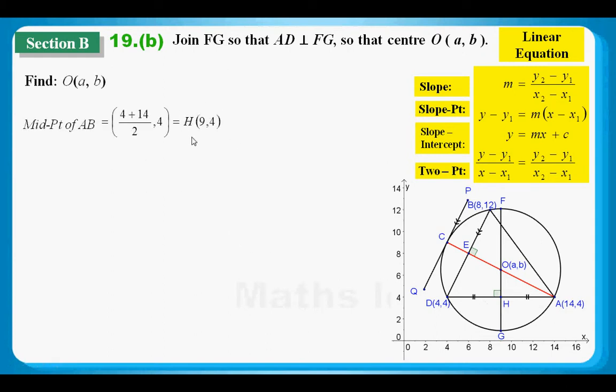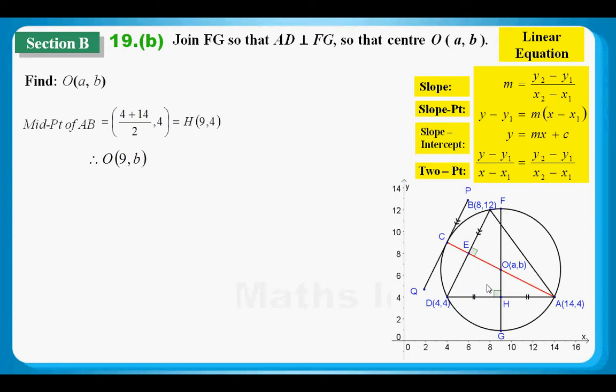So I have already found the x coordinate. Again, because the line through the center and H is perpendicular, the x coordinate of the center must also equal 9. Then all our attention will focus on the y-coordinate.